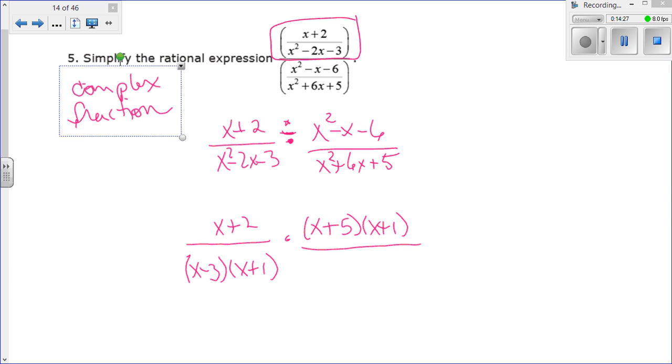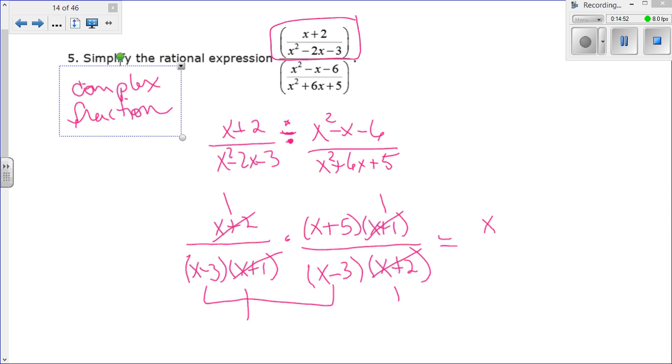And my last part factors to x minus 3, x plus 2. So my x plus 1's cancel. My x plus 2's cancel. My x minus 3's do not cancel because they are both in the denominator.